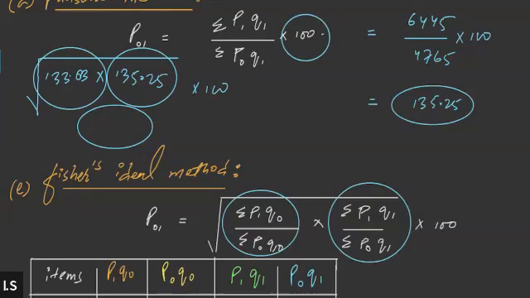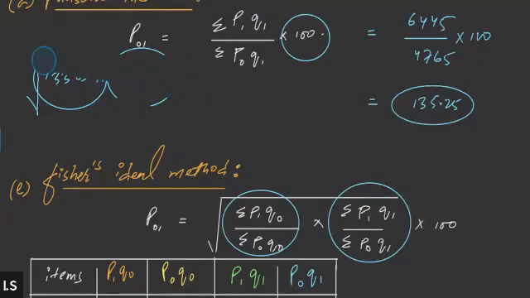So if you are multiplying those answers and finding the square root, you are not required to multiply it with 100. Okay, Alexander, is this clear to you? Yes, sir. Okay, so this is one way of calculating, and then obviously you have the other method wherein you can manually write all the variables.